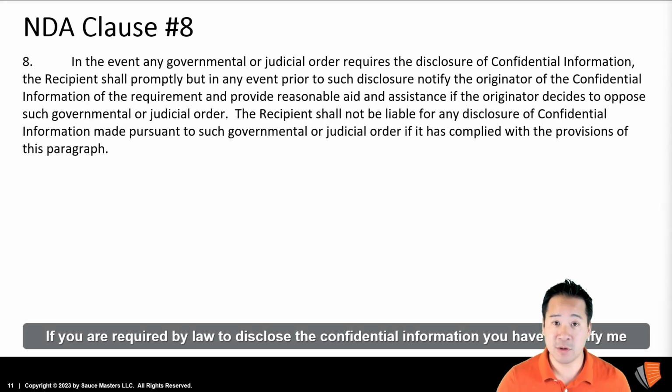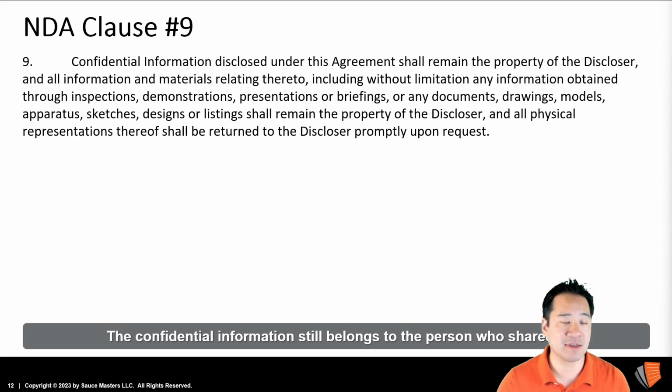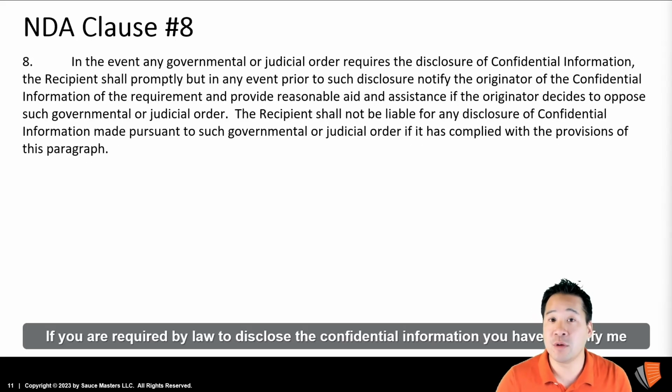And also, if you intend to tell the government or a judge, no, I'm not going to tell you, it obligates you to notify the disclosing party where the confidential information originated from. That's what that means. It also states that if you were to do either of those things, it's not considered a breach of the agreement, because in effect the government or a judge or a lawful order was trying to force them to do so, and you don't want to break the law, so you're going to comply.